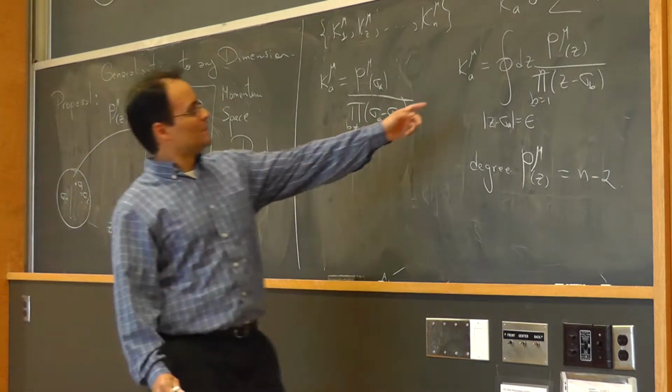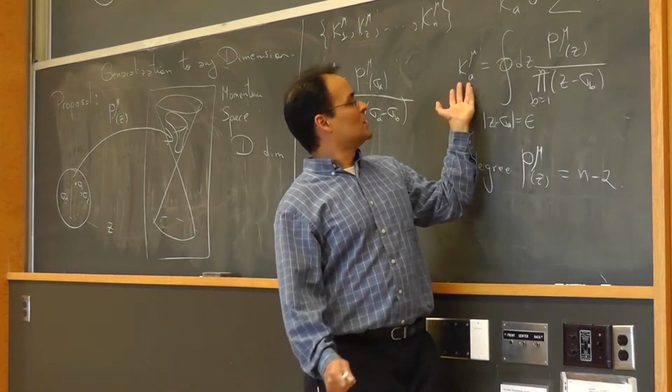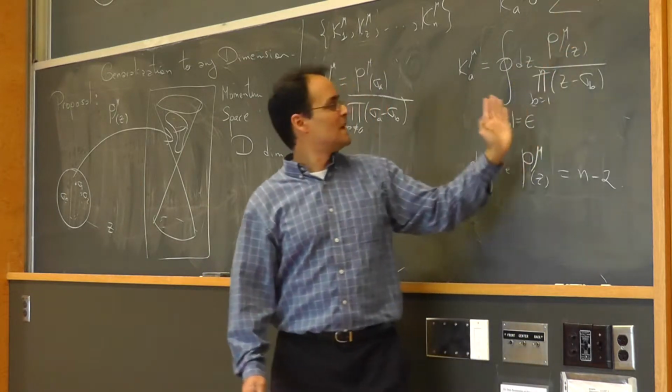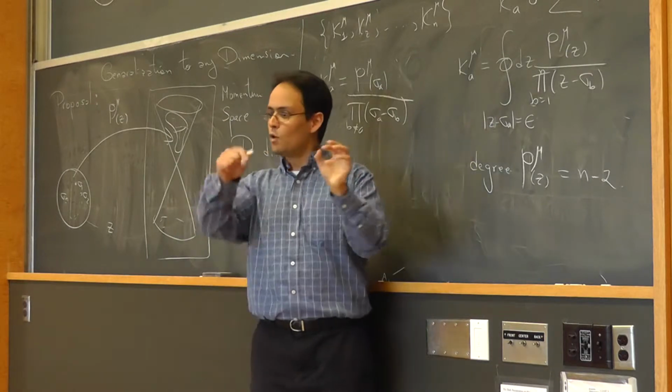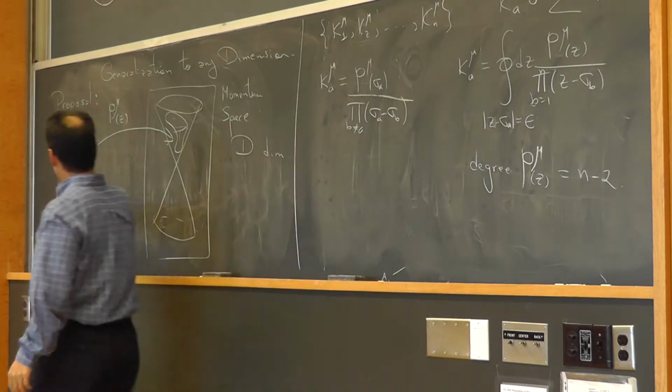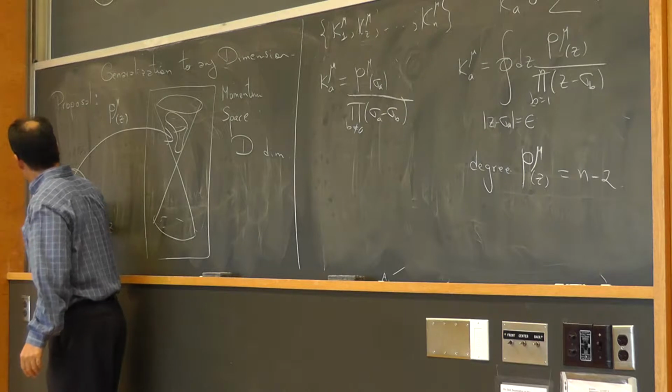Well, you see what happens. If I use this formula here, I get a sum of this differential form over all these poles.